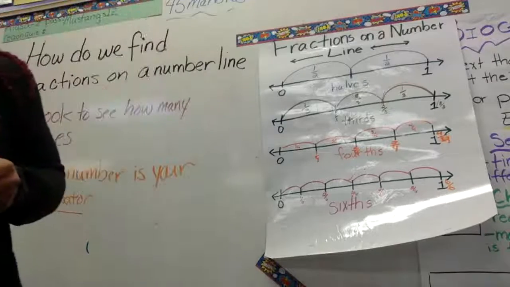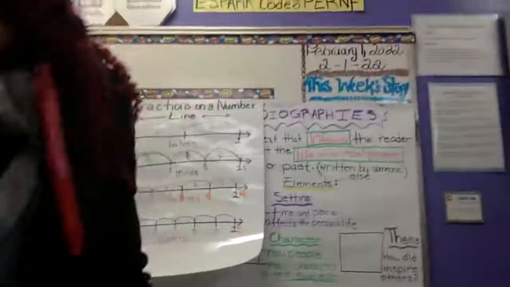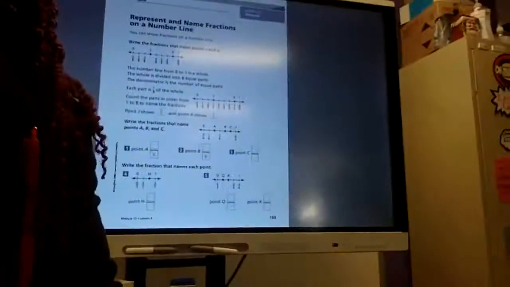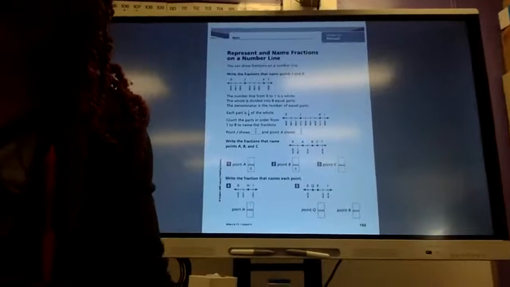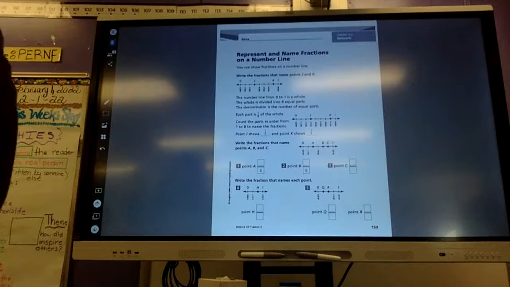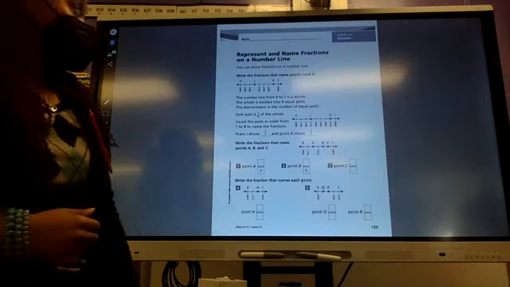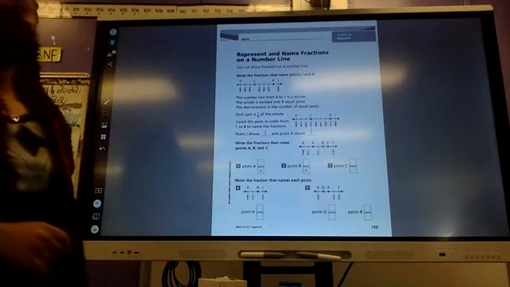So let's take a look at this reteach here from HMH. Jalen, since you're closest to the light, can you go ahead and turn off the front light for me so that we can see? All right, everybody focus? Yes.